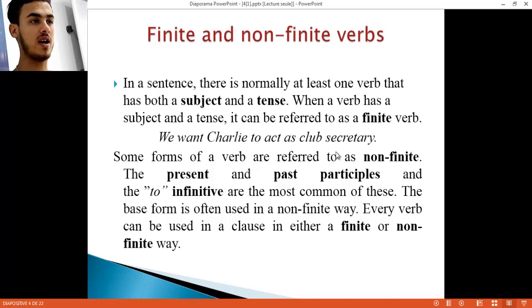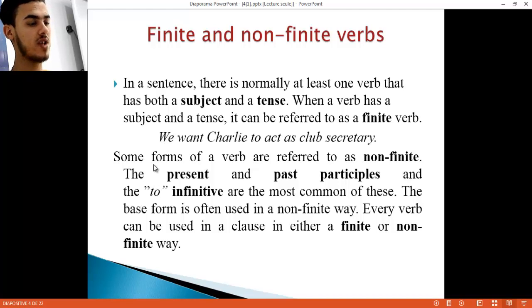When a verb has a subject and a tense, it can be referred to as a finite verb. Here in the example, we want Charlie to act as a club secretary.